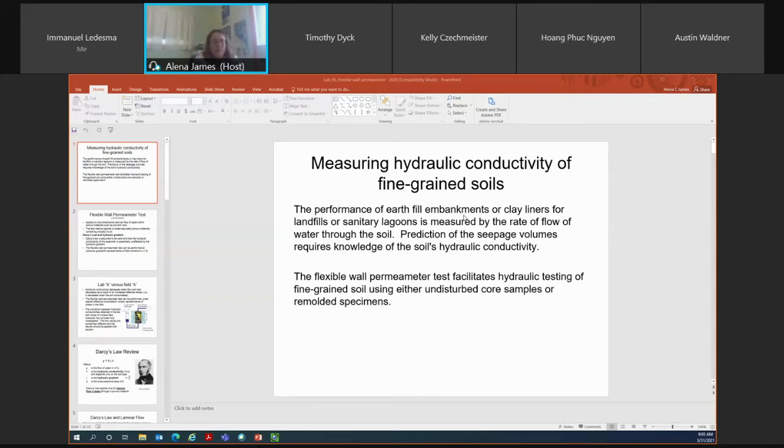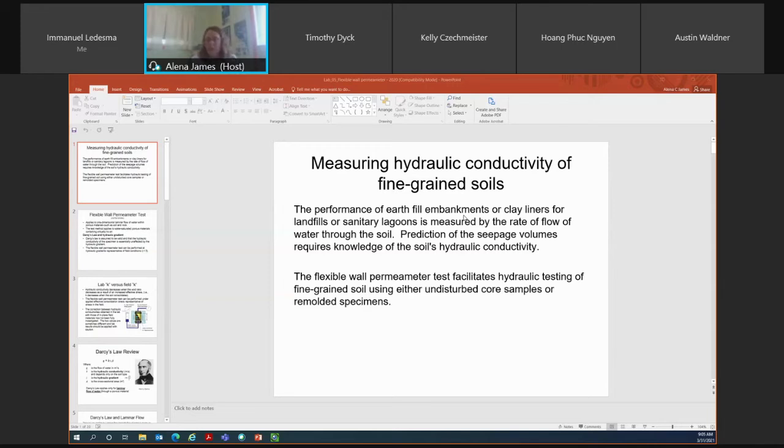So you're probably wondering, why do we need to have a good understanding of the hydraulic conductivity of fine-grained soils? There are multiple reasons. I'll give you a couple examples. Say if we were to construct a flood protection dike, we would have to have an understanding of what the hydraulic conductivity of the embankment structure itself is.